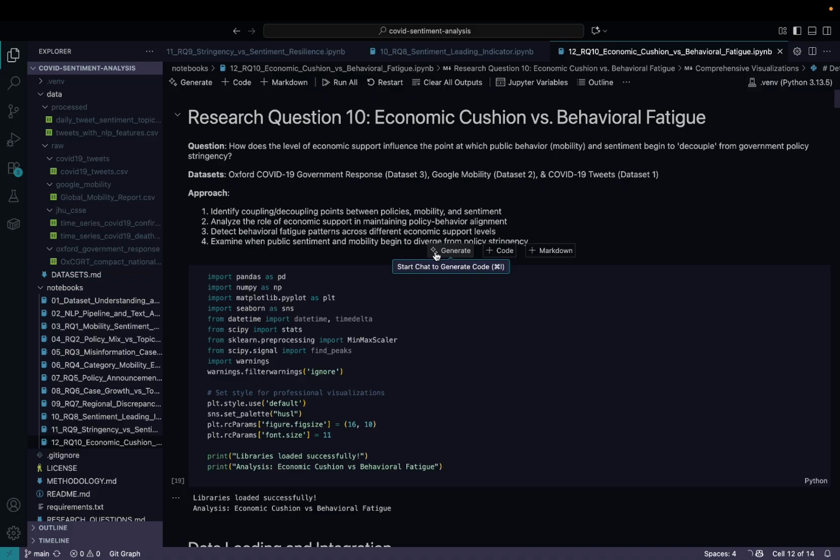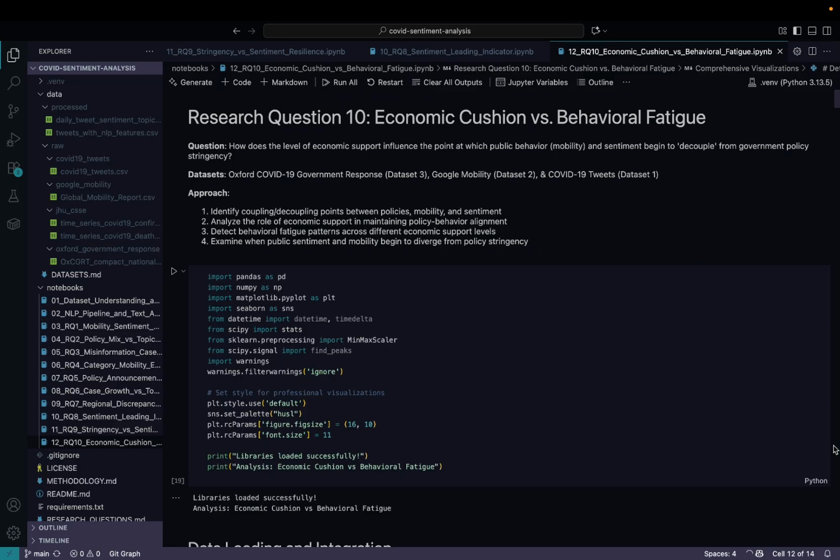Our approach is to first identify the coupling and decoupling points between policies, mobility, and sentiment, then analyze the role of economic support, then detect behavioral fatigue patterns across different economic support levels, and then examine public sentiment and mobility to visualize.